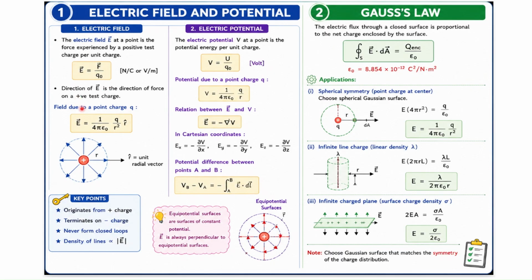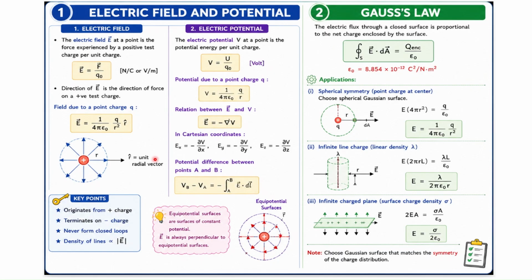The field due to a point charge Q can be written as E equals 1 over 4 pi epsilon naught, Q over r squared, r hat. Here r hat is a unit radial vector pointing outwards from the charge, as you can see from the diagram showing the field lines radiating symmetrically outwards from our positive charge.